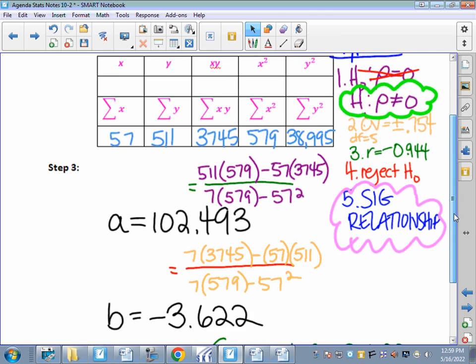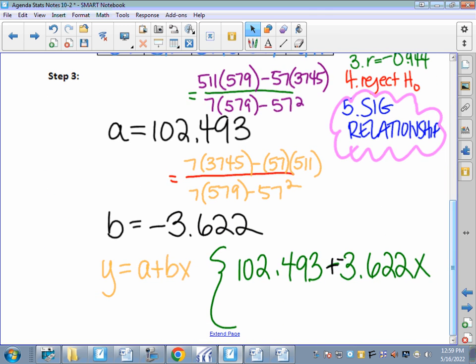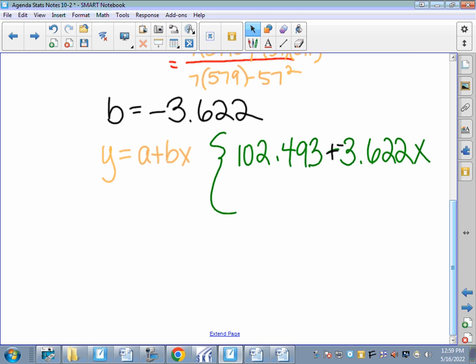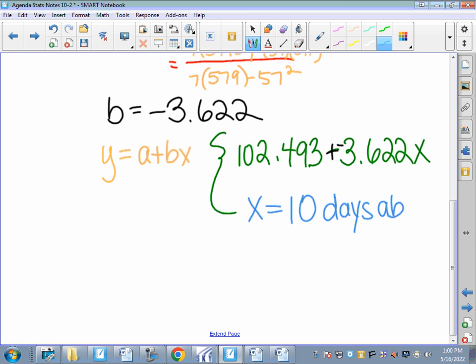So if I go back to this same example, I might ask something like, with my equation here, what would happen if a student missed, I don't know, 10 days? What would be the trend? So if x equals 10 days absent, what could we predict or extrapolate their semester grade would be? So we'd plug that 10 in for the x. Oh, I should have put y prime equals 102.493.